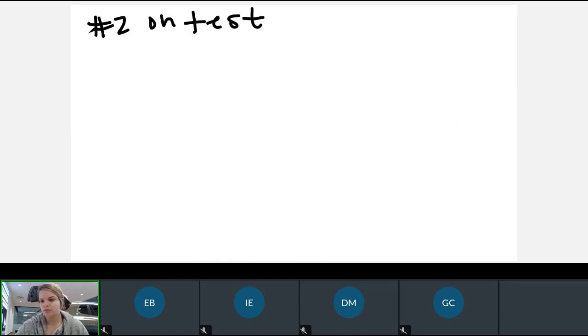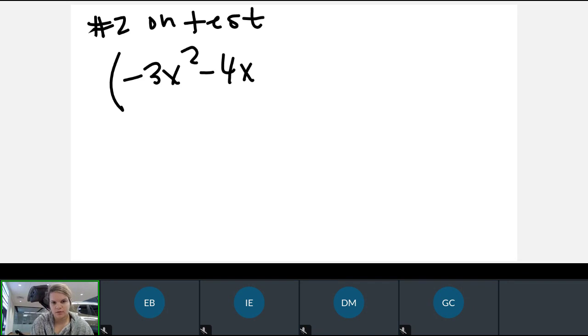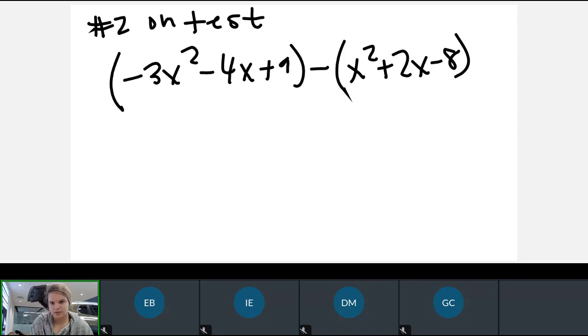This is a subtraction problem. The key thing here, Liza, yes, as soon as I'm done with Erica's, I'll do a number 7, okay? Okay, so like number 2, so we've got negative 3x squared minus 4x plus 9 minus x squared plus 2x minus 8.